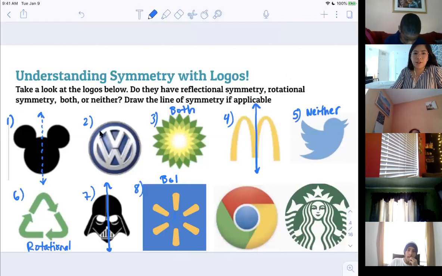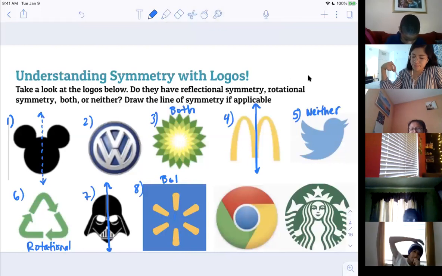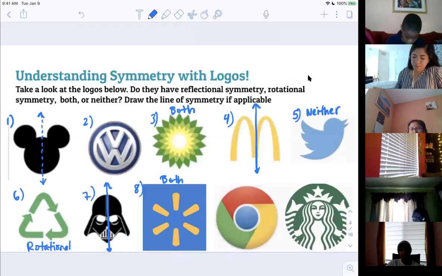Alejandro, you missed your turn. You were number 2. So for number 2, do I have reflectional symmetry, rotational symmetry, both or neither? You have 3 seconds, my man.